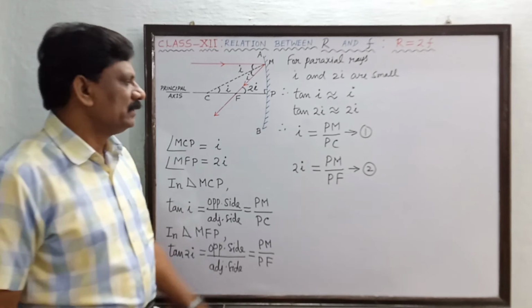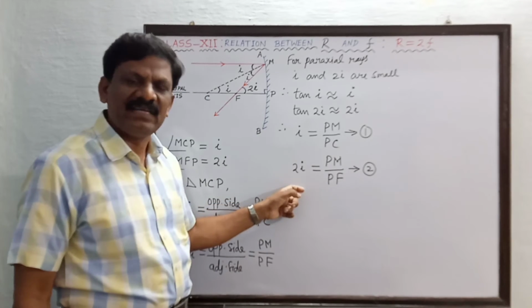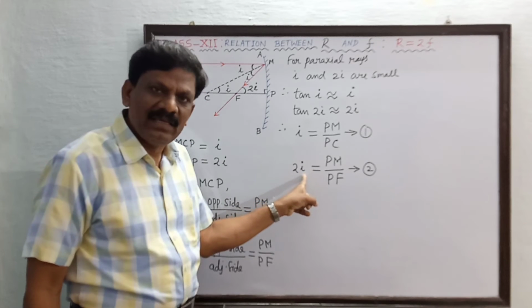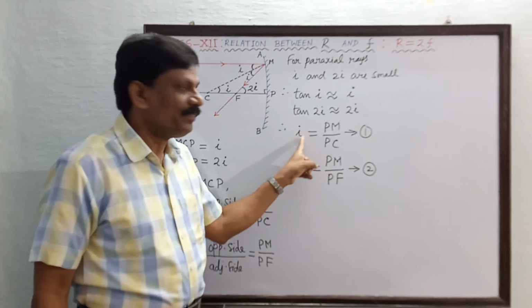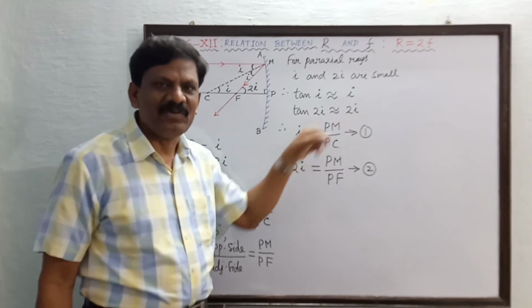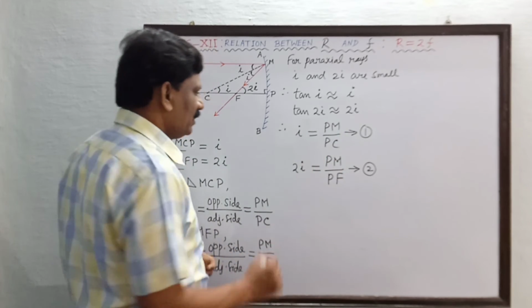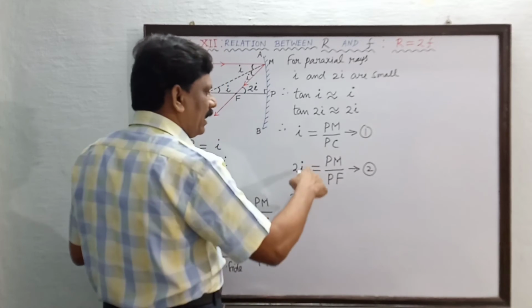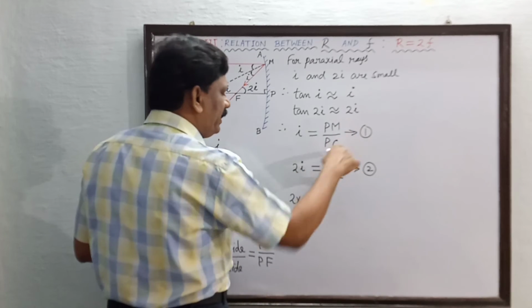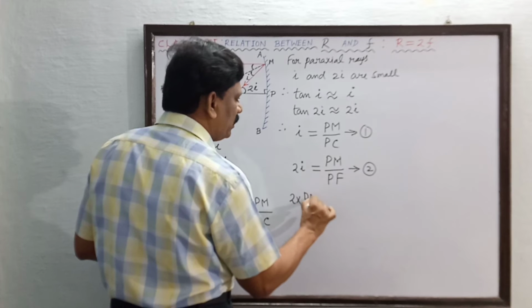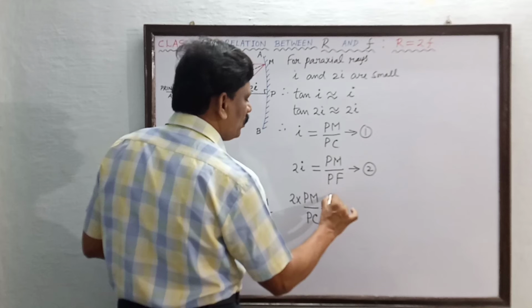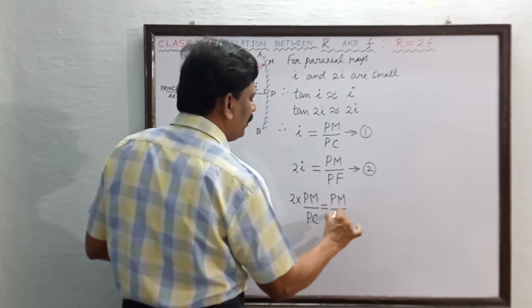Now, look at equation 2, the left hand side is 2 into I. Instead of I, I am going to substitute PM by PC from equation 1. So, 2 into PM divided by PC is equal to PM divided by PF.